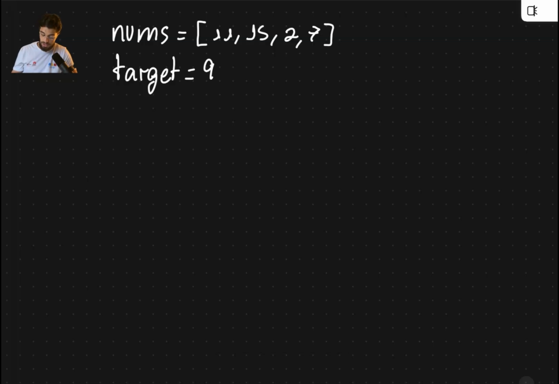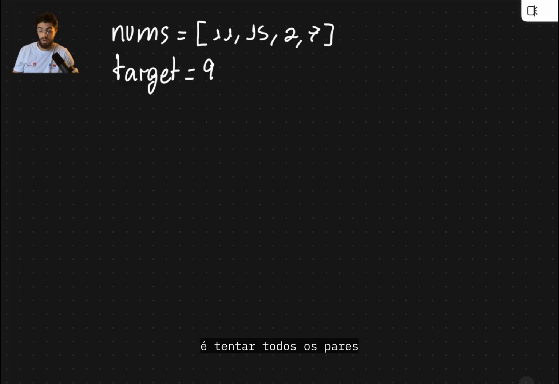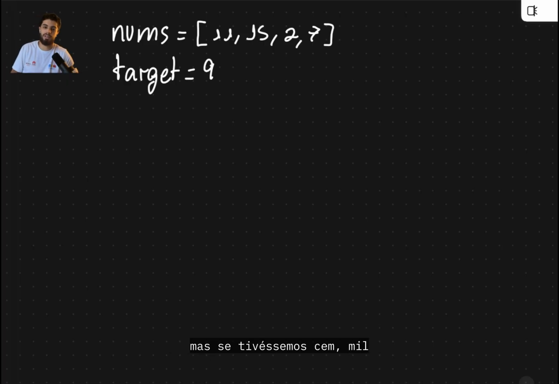Okay, so the first possibility that's not going to be very efficient is to try all of the pairs, try all of the possibilities and see which one is going to be the target. I'm going to write all of them down so you can see how big it would become when it comes to bigger numbers, because here we are going to have only 4 integers, but if we had 100, 1,000, a million integers, it would not be very efficient.